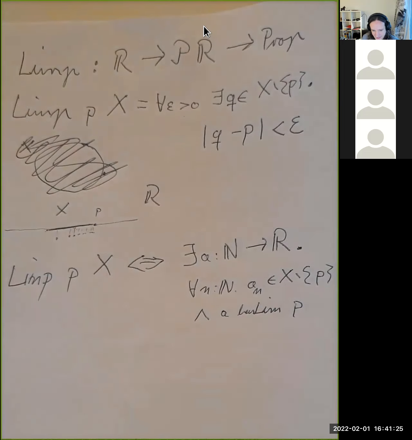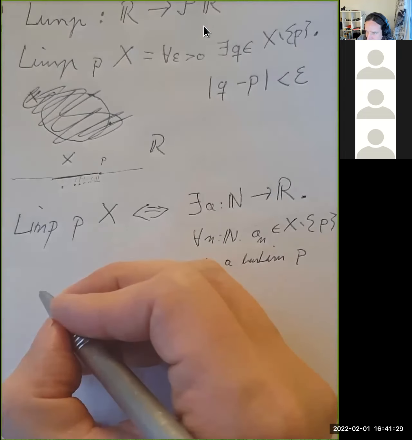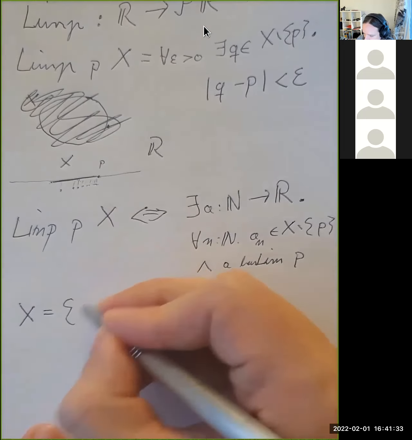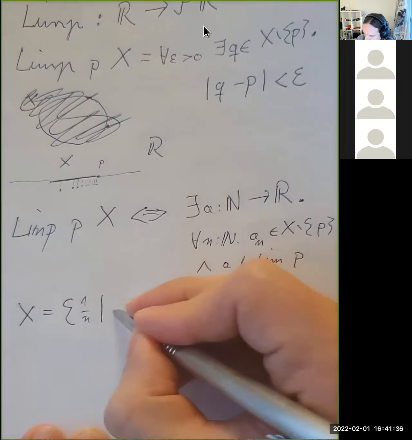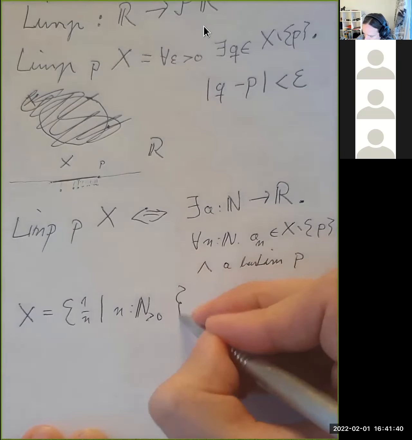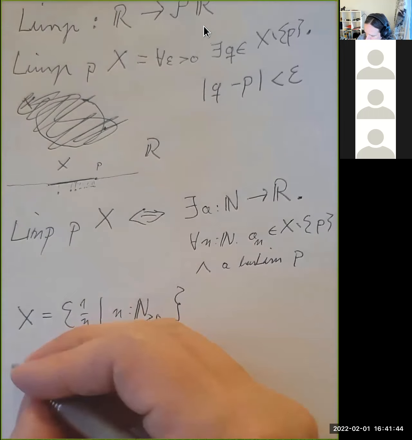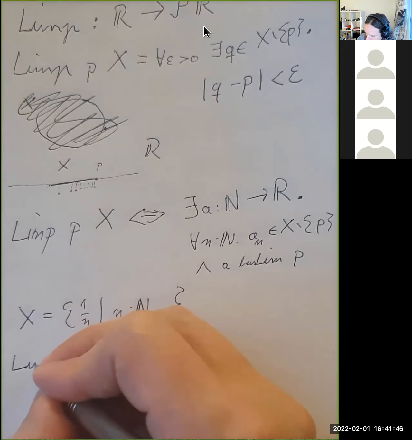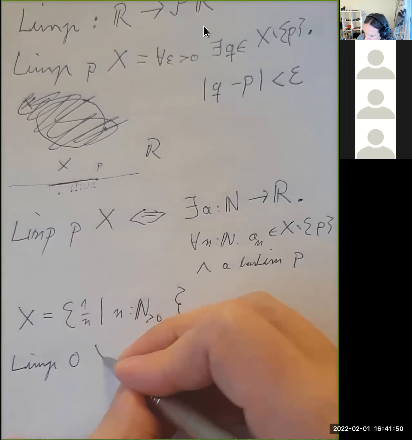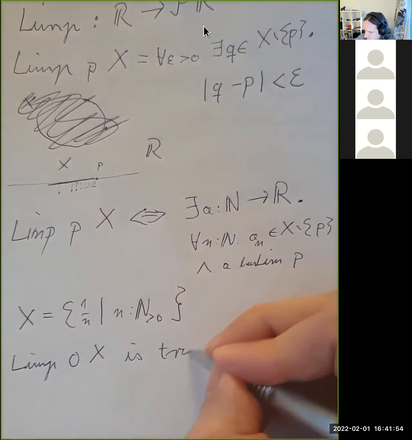And now there's an example in the book, which says if we say X is this set, 1 over n, for n a natural number greater than 0, we have that 0 is a limit point of X. Is true.